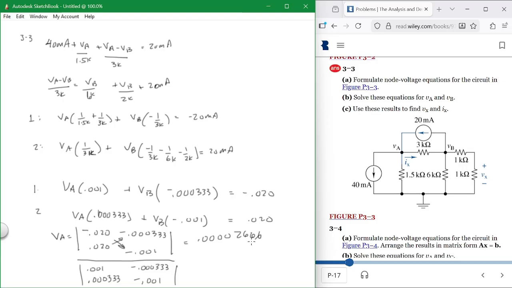Okay, now the denominator. It's this minus this. So it's 0.001 times minus 0.001 minus 0.000333 times minus 0.000333 equals, I get minus 0.00000889.